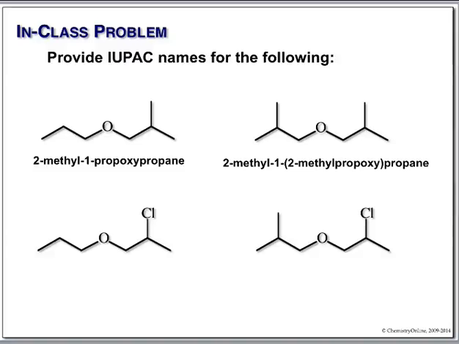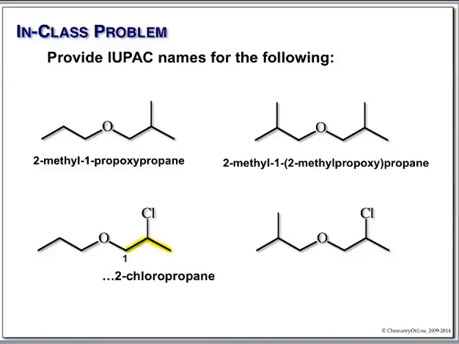Now our next guy, we have 3 carbons on both sides, but this has a chlorine, so that makes it more complex, doesn't it? So that means this side is going to be our parent, and that will be carbon 1. This is going to be a 2-chloropropane parent. And what's our substituent going to be?